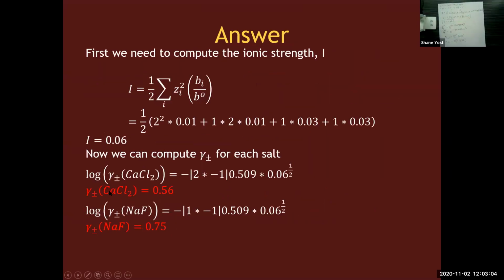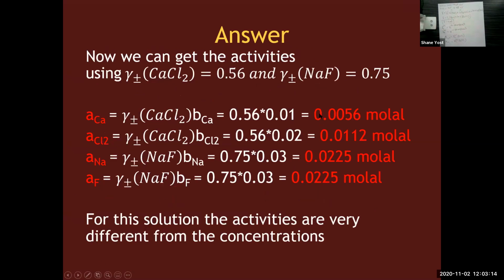So those mean activity coefficients come out to be 0.56 and 0.75, given what we have here. Which then tells us the activity of, say, calcium is 0.0056, so half the theoretical concentration. Chloride activity is 0.012.